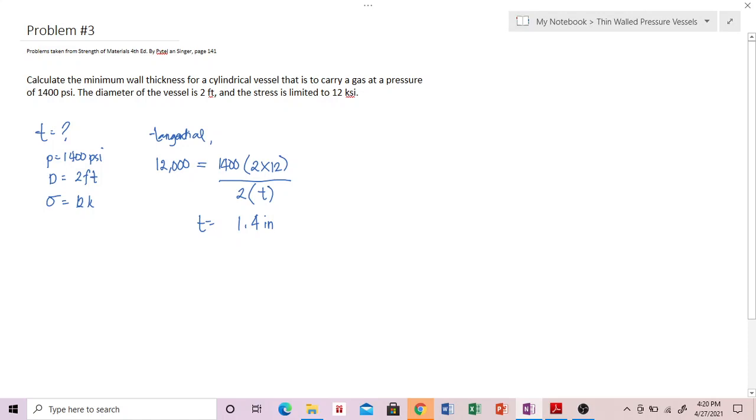So, at an allowable stress na 12 psi, ang kailangan daw na pressure vessel is 1.4 inch ang kapal. No? Okay, but when it comes to longitudinal, considering the stress ng made of what ba to? Okay? So, wala naman sinabi.